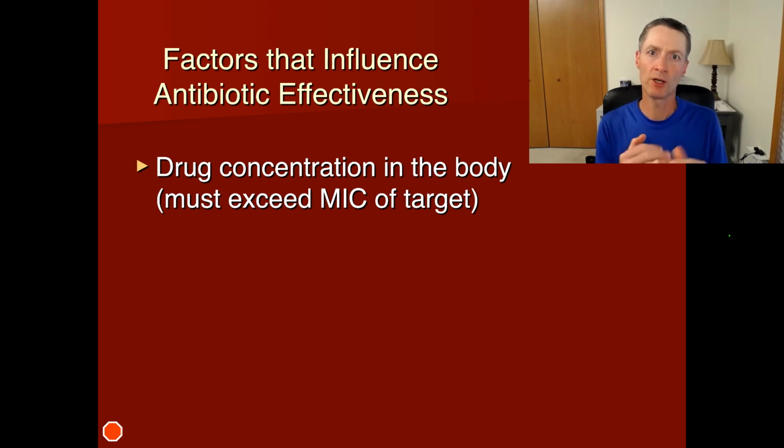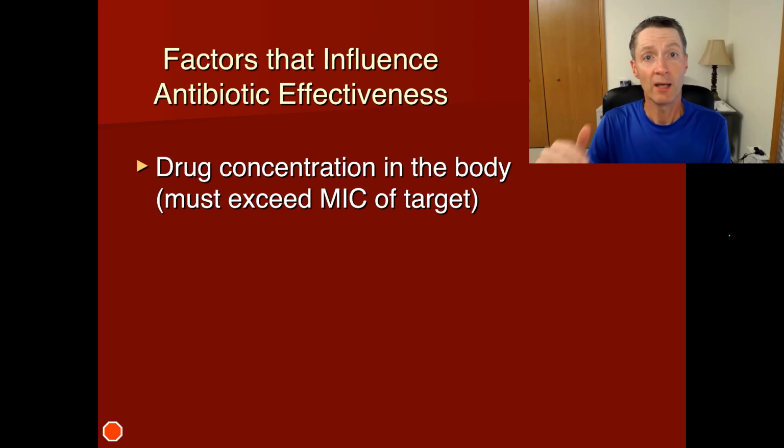It's not a consideration of whether the drug gets there or not. That was our first one. Here, this is a consideration of when it gets there, how concentrated is it, and is it concentrated enough to kill enough to affect the population? Is it concentrated enough that you can get a handle on that infection?